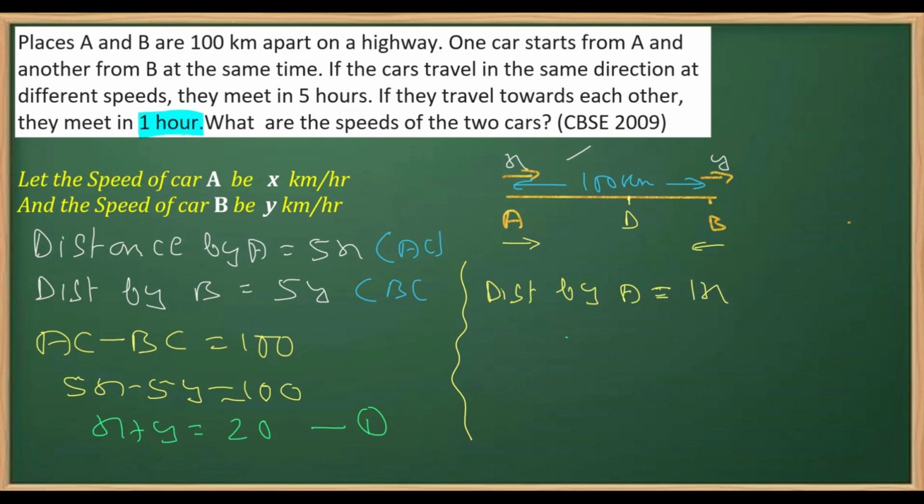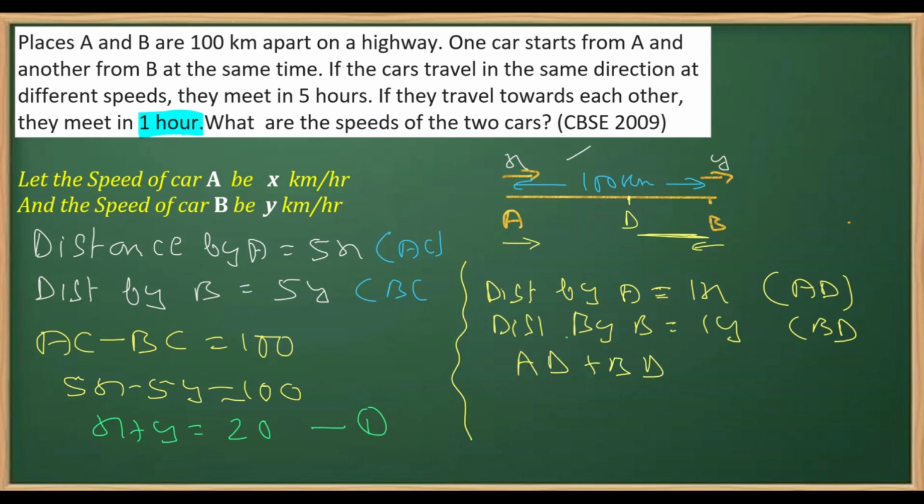And the distance traveled by B is 1 into y. This is the distance traveled by A, that is AD, and this is BD. From the figure, AD plus BD should be 100. Replacing AD with 1x, which is x, and BD with y, I get x plus y equal to 100. So this is the second equation.